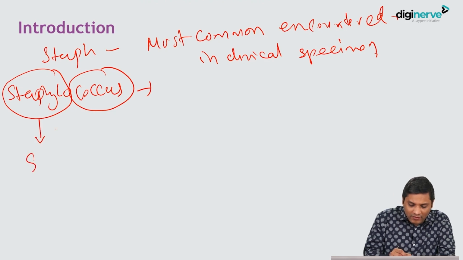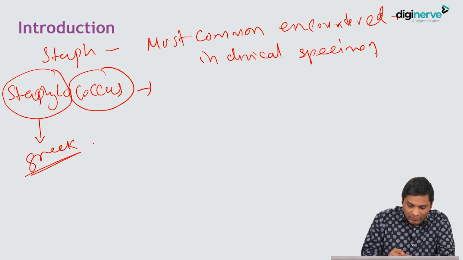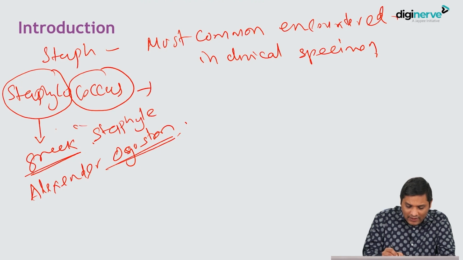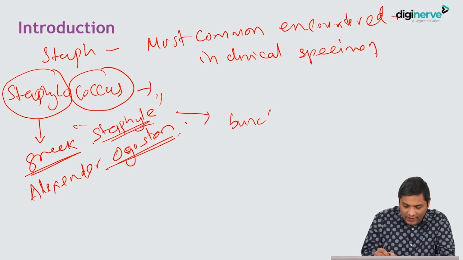Staphylo is derived from a Greek word. It was coined by Sir Alexander Ogston, a scientist who coined the word Staphylococcus from the Greek word Staphyle. Staphyle means a bunch of grapes.